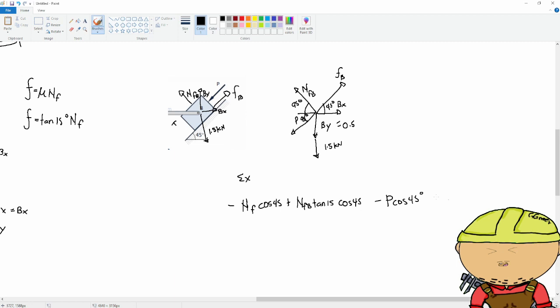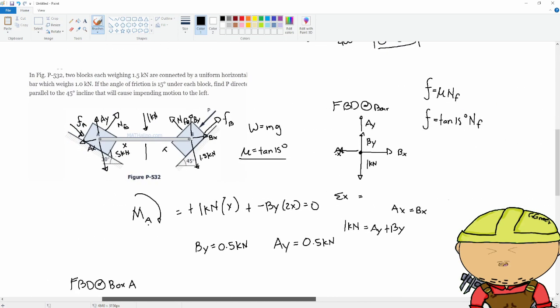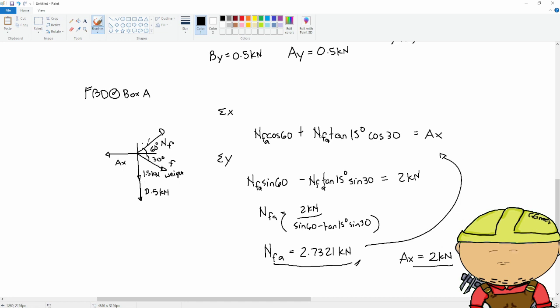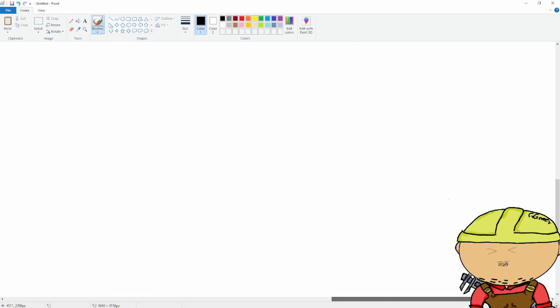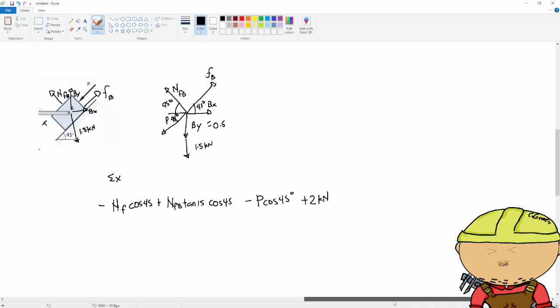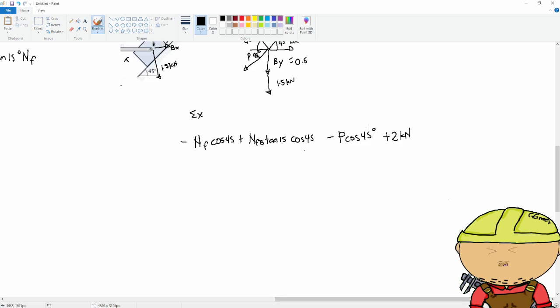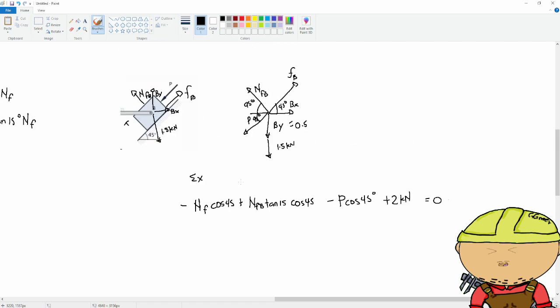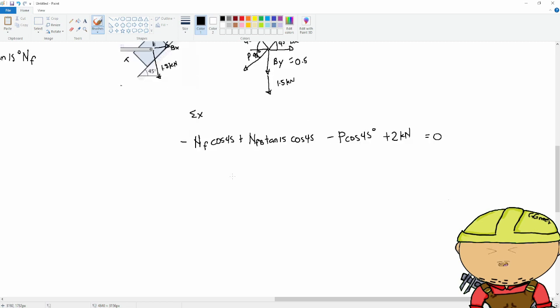Then BX is positive 2 kilonewton. If AX is going to the left, then BX is going to the right, the opposite side. So 2 kilonewton is equal to 0. We don't have the value of P and NFB, so we're just going to move on.